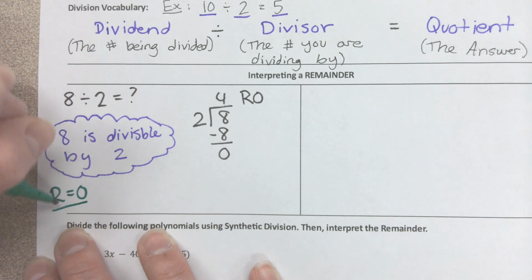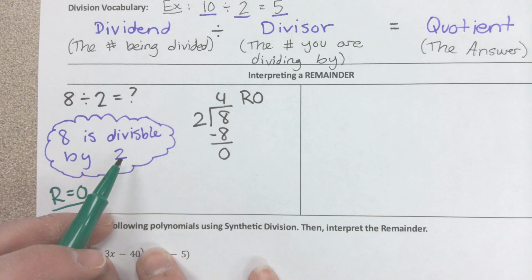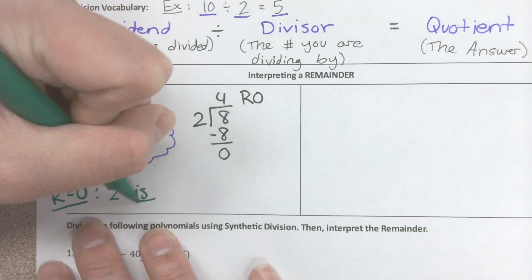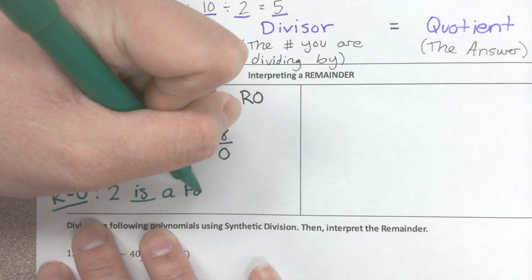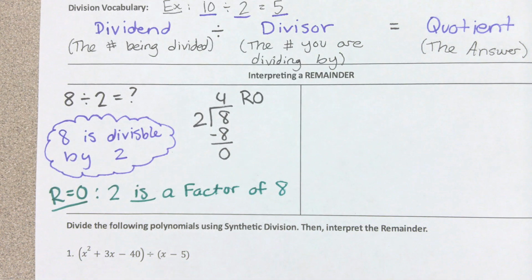R equals 0 here. Our remainder is 0. Since 8 is divisible by 2, 2 is a factor of 8. Again, hopefully you're already aware of that. I could say, what are the factors of 8? And you could tell me 1, 2, 4, and 8.